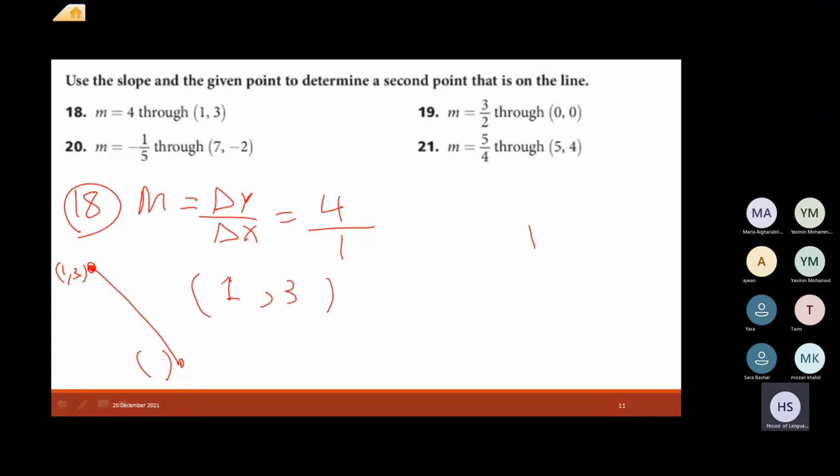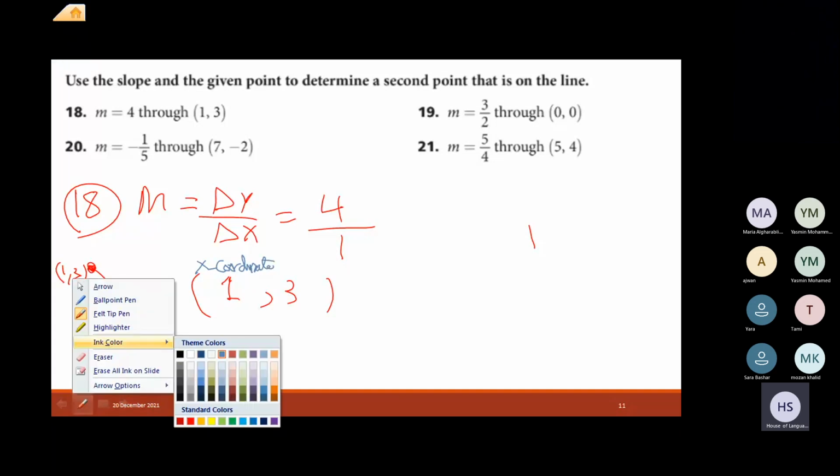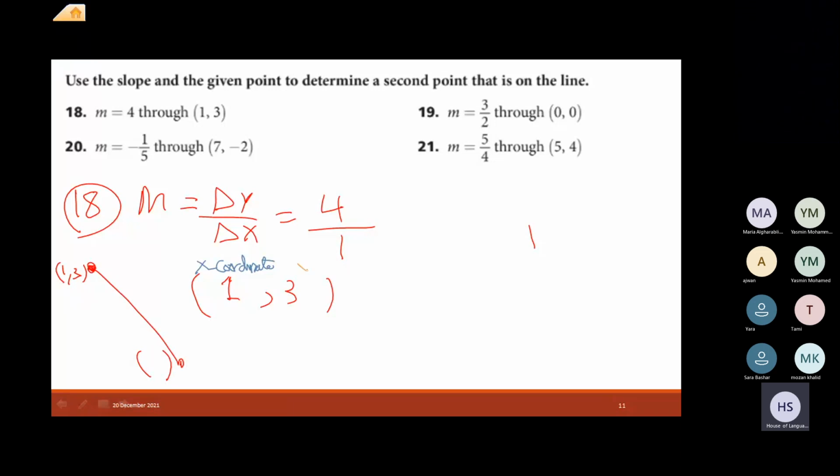Where is the x coordinate? This is the x coordinate, and here is the y coordinate. Now, for the y coordinate, I will add 4 plus 3, delta y to the y coordinate.